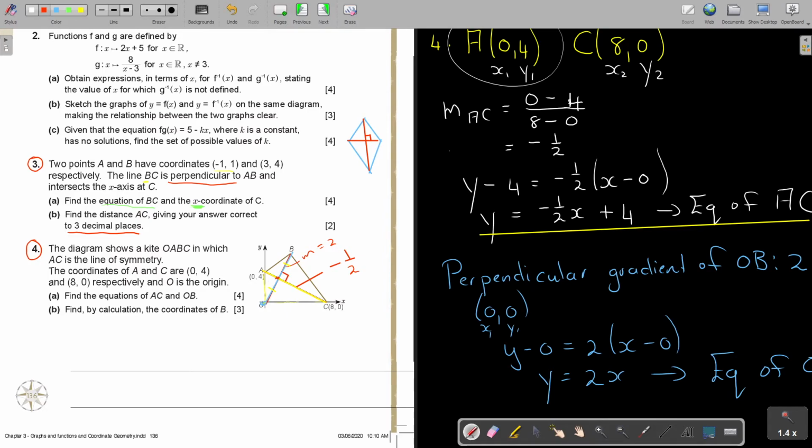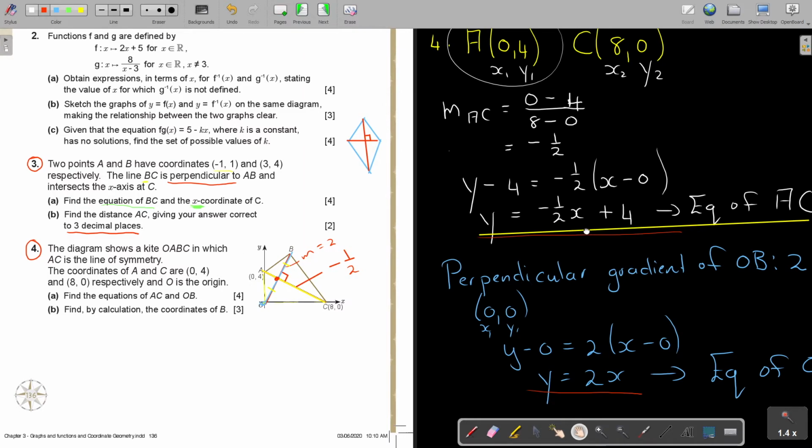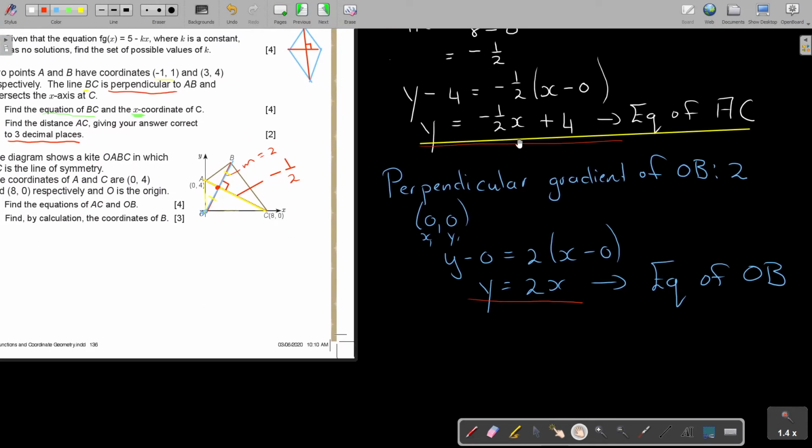Now, how do I find that? I have the two equations. It's where the blue and the yellow intersect. So I can say, point of intersection of AC and OB.